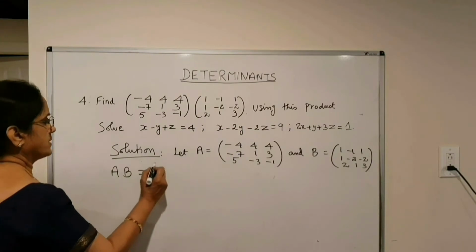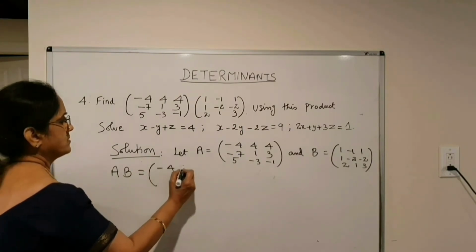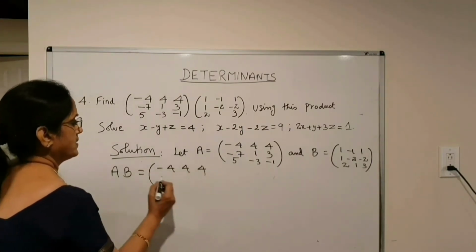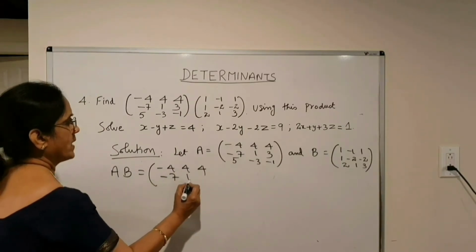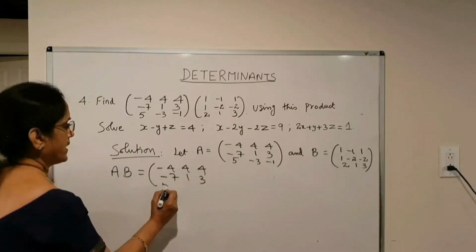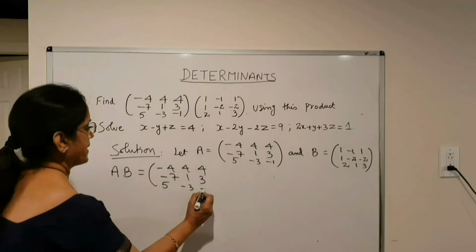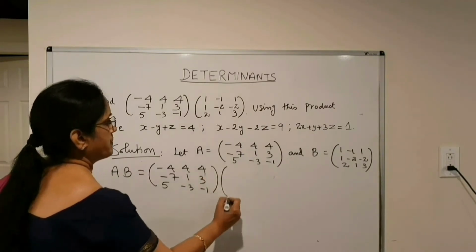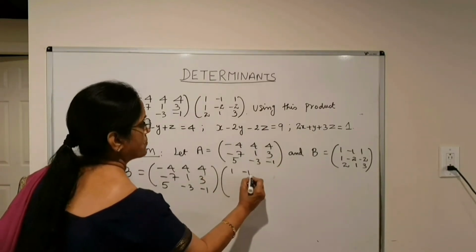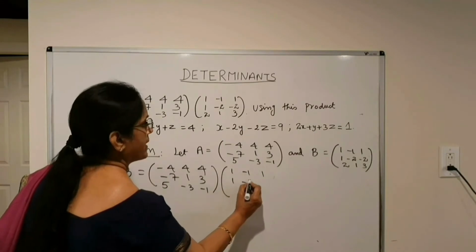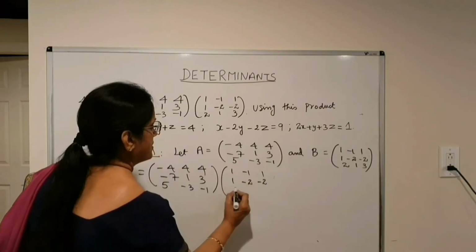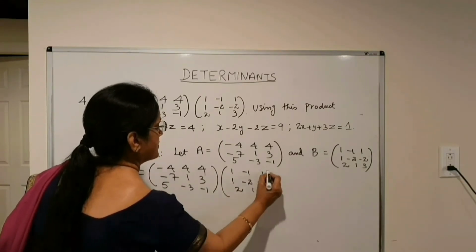AB is equal to [-4, 4, 4; -7, 1, 3; 5, -3, -1] multiplied by [1, -1, 1; -2, -2, 1; 2, 1, 3].